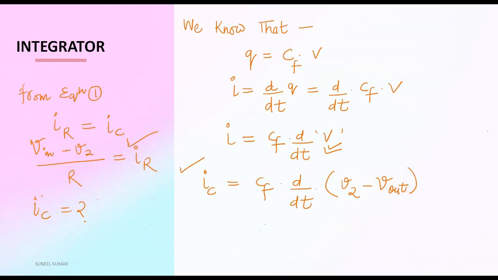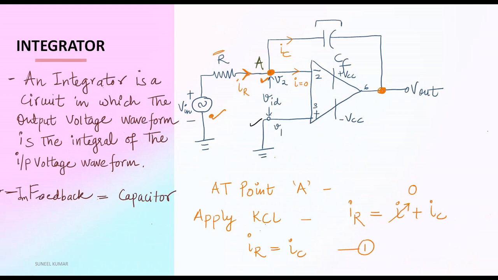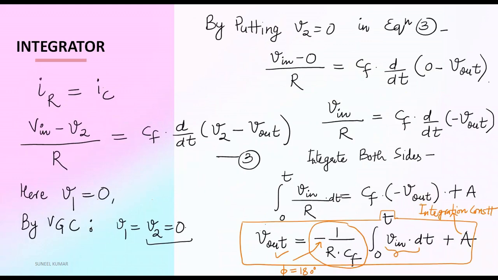Remember, in this integrator circuit we have used a feedback component, and this is CF. The feedback component is a capacitor, and by connecting this capacitor we have analyzed this circuit, and we get V output as minus 1 upon R into CF, integration from 0 to t of V input into dt plus A. A is the integration constant.